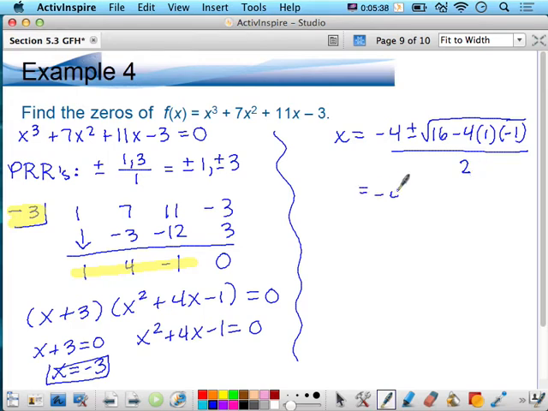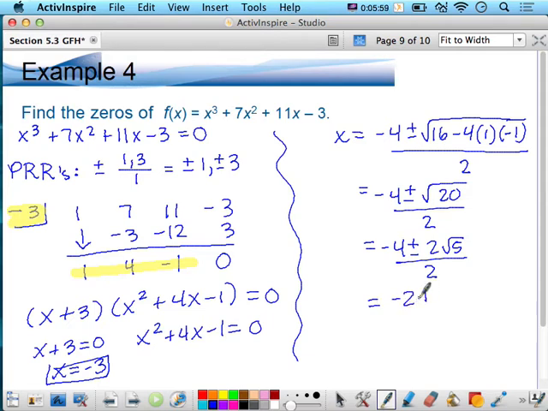So now we have negative 4 plus or minus the square root of positive 20, all divided by 2, which gives us negative 4 plus or minus 2 square roots of 5, all divided by 2. And finally, that will simplify to negative 2 plus or minus the square root of 5. So there are my other two solutions.